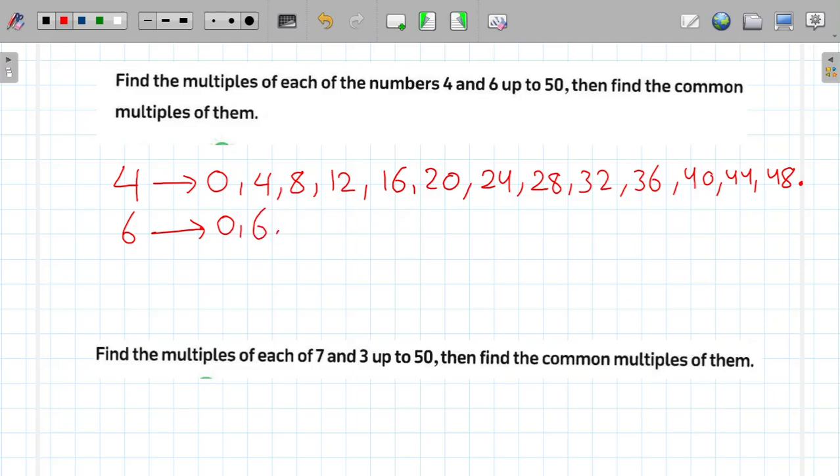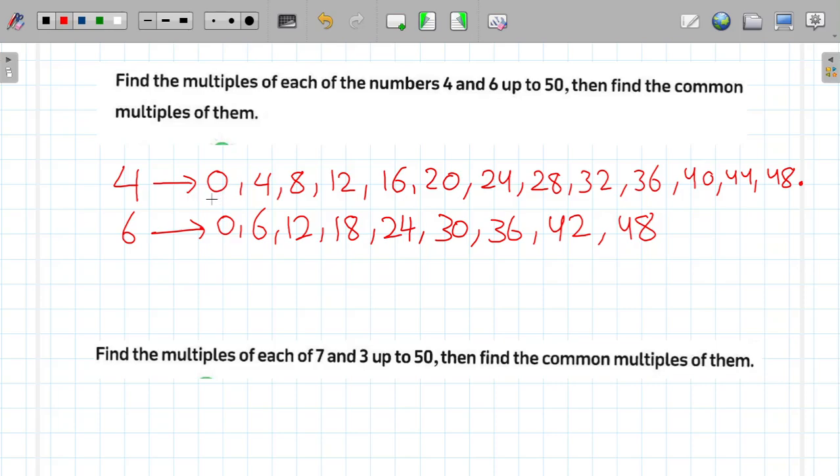Next I have 6, 12, 18, 24, 30, 36, 42, and 48. Okay, so I will stop here because the next multiple is 54 and I want to stop at 50.